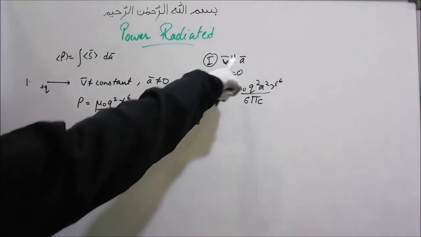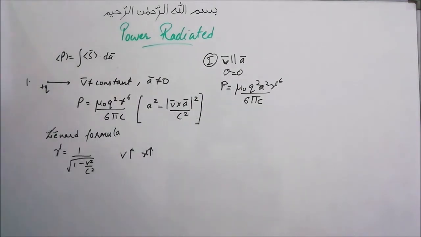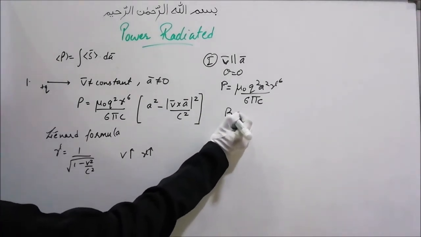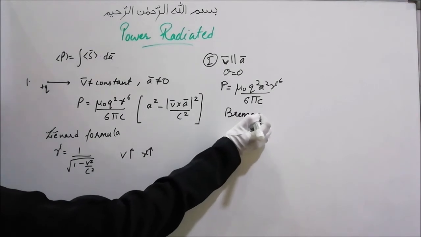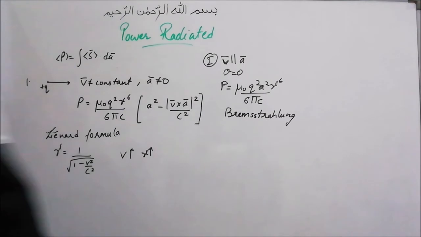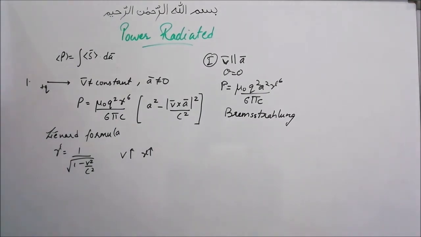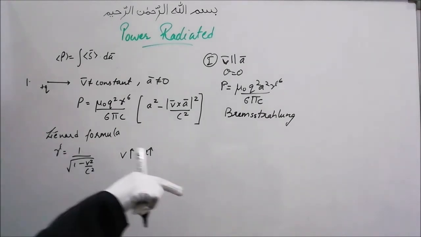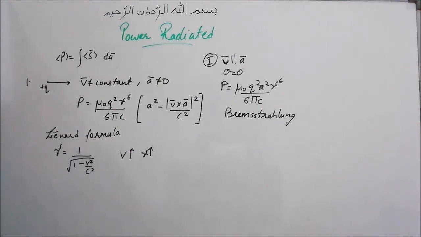When v is parallel to a, or theta equals 0, this is the straight line motion of the charge, and this power is called the Bremsstrahlung radiation or braking radiation. It is the radiation produced when highly energetic charged particles like electrons hit a metal target, for example in X-ray tubes.